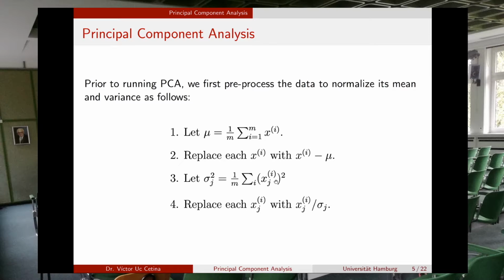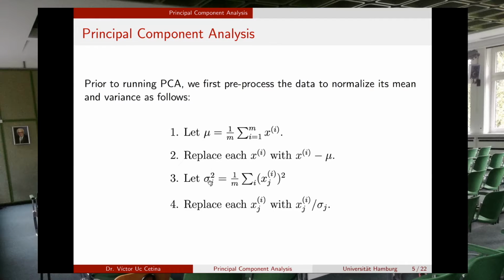By computing the square, we are already computing the variance. And all we need to do is sum all these squares for every point in your dataset and divide it by m.